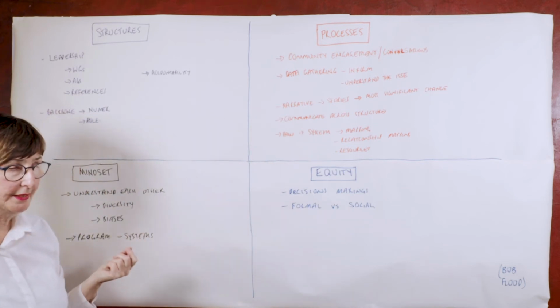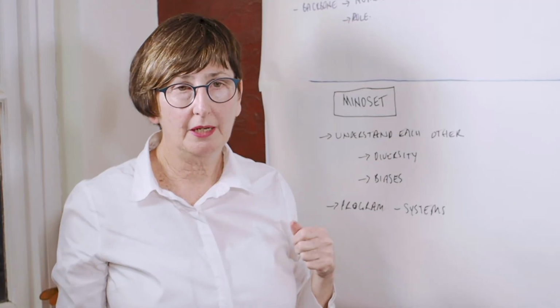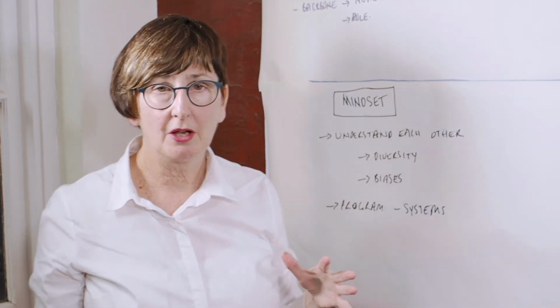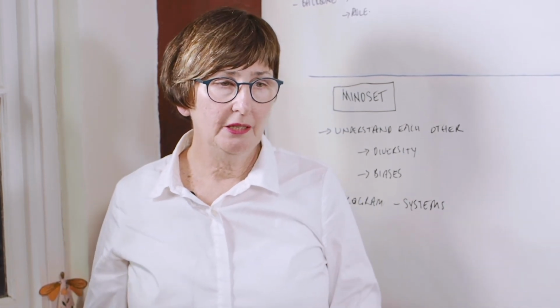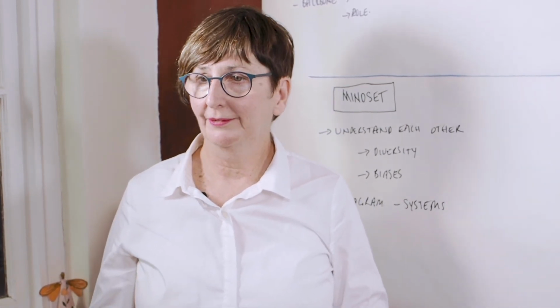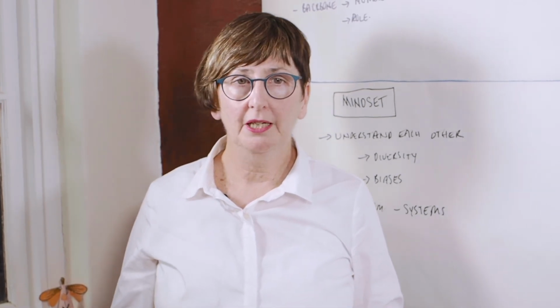So an example of this was in one community I worked in, there was a woman with deep lived experience of family violence, and she knew everyone in that community that had a child under the age of 5.